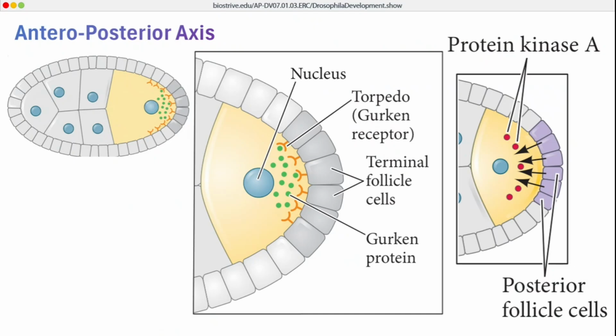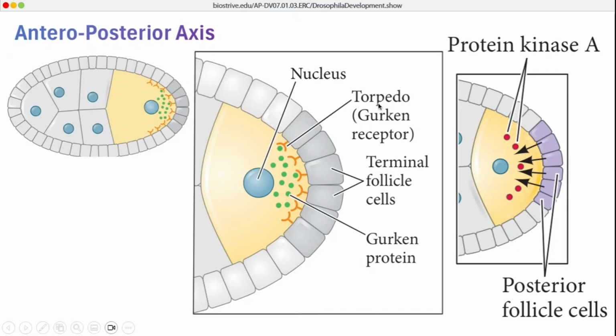Now let's start with the anterior-posterior axis. How is this anterior and posterior axis determined? Fertilization has not taken place yet, and we have a nucleus here which is shifted slightly towards the periphery, and these peripheral follicle cells will start expressing one protein which is represented here by this orange color.